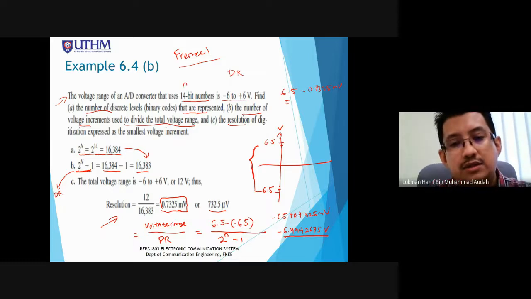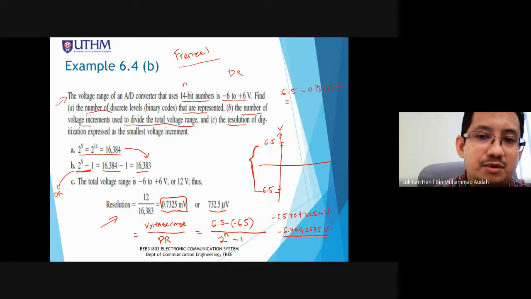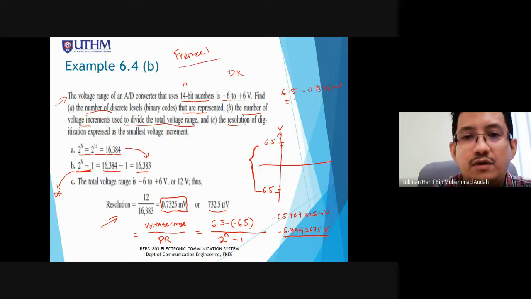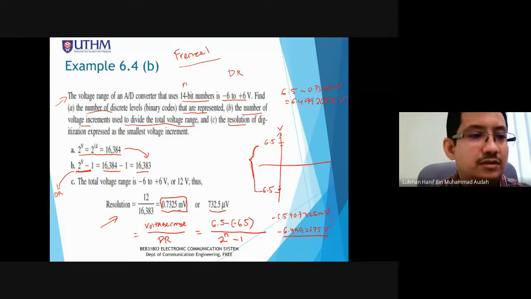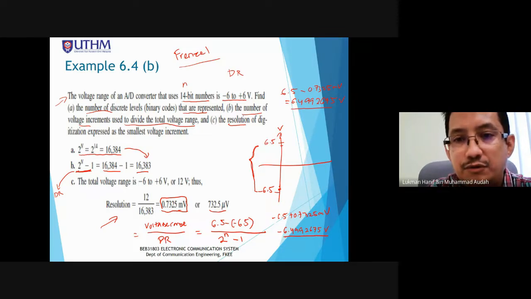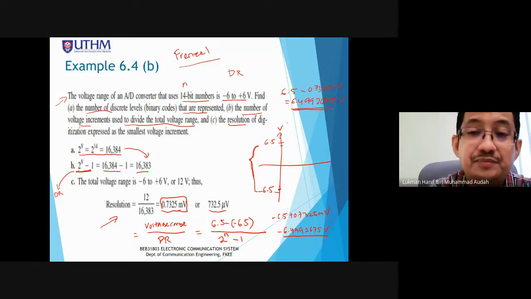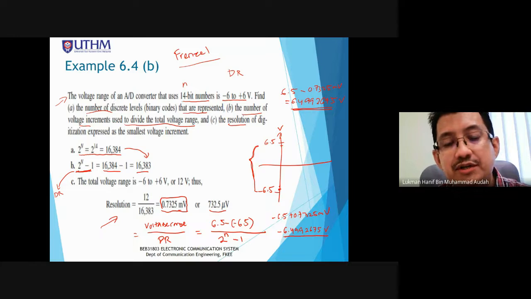So ini adalah 6.4992675 volt. Ini adalah level di bawah, satu level di bawah 6.5. So sangat dekat.